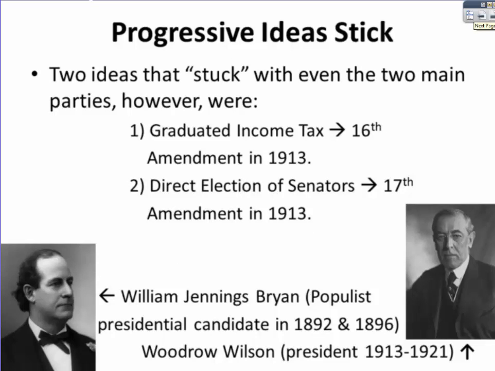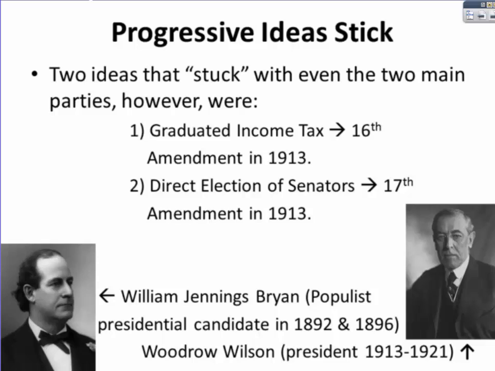Some of these progressive ideas stick, however. Two ideas that stuck with even the two main parties, the Democrats and the Republicans, were, one, the graduated income tax, which became the 16th Amendment in 1913, and secondly, the direct election of senators, which became the 17th Amendment in 1913.